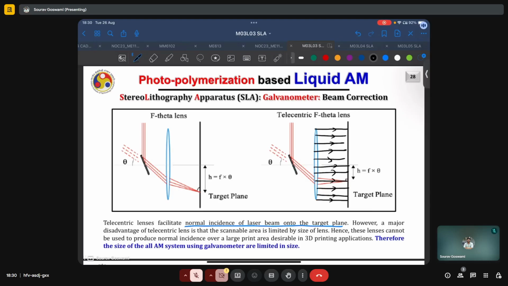Irrespective, the size of all additive manufacturing systems using galvanometers are limited in size because of these reasons. A typical number would be, say, 250 by 250 micrometer squares.